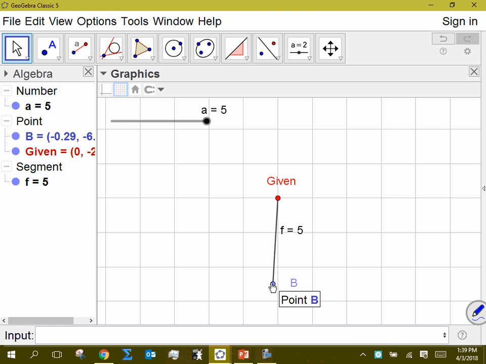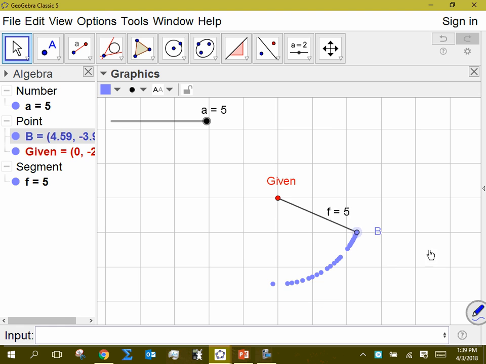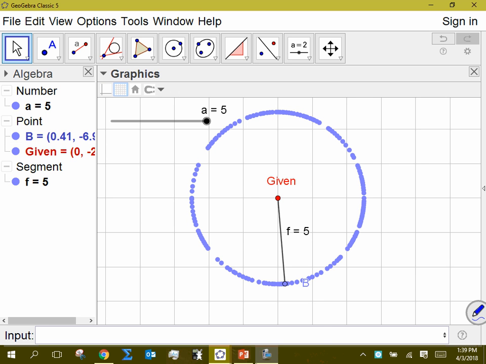So if I just trace those infinite points that are 5 units away from A, it provides those points there. Each one of those is a highlighted distance 5 units away from A. So that provides us the definition of a circle and how a circle is created.